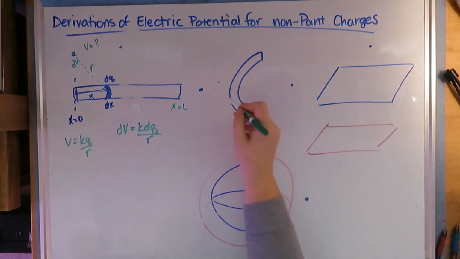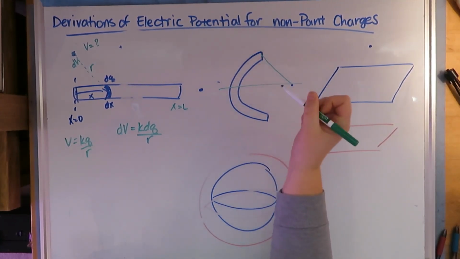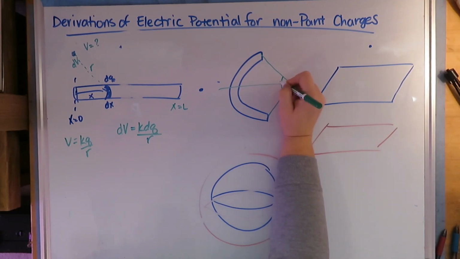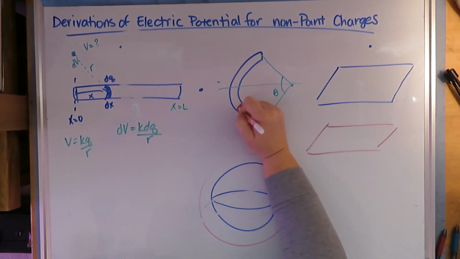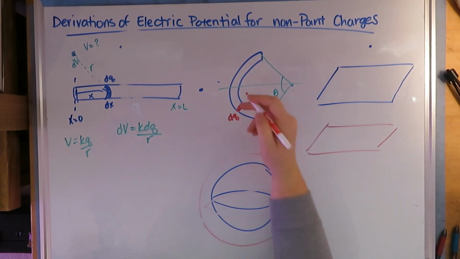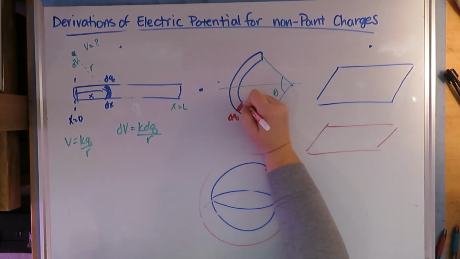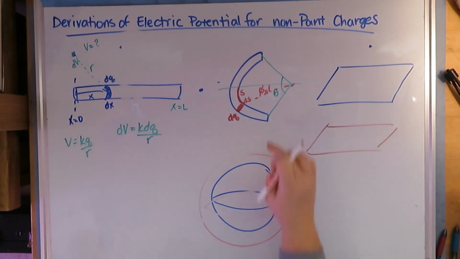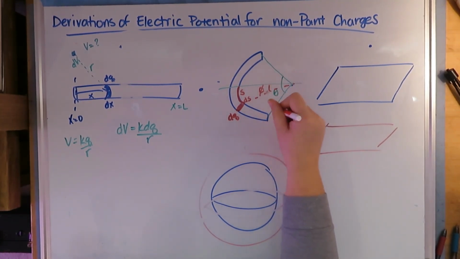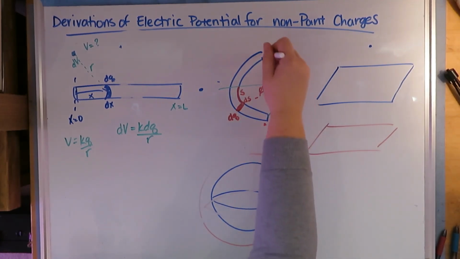A ring of charge would be similar. We've kind of seen those, where you have some sort of angle theta here. If you were taking a slice, you'd still have your little slice dq, but dq might have a little thickness ds based on its position, and then it would be at an arc length s that is maybe related to some other angle phi, and then you would integrate from this point to this point.